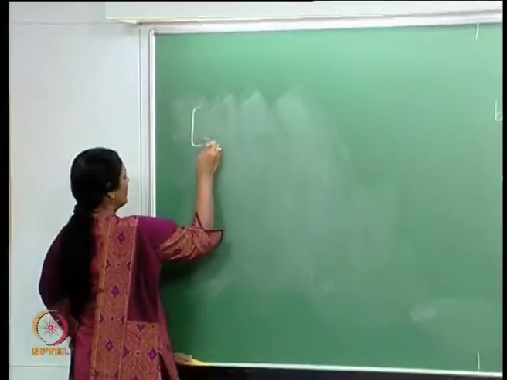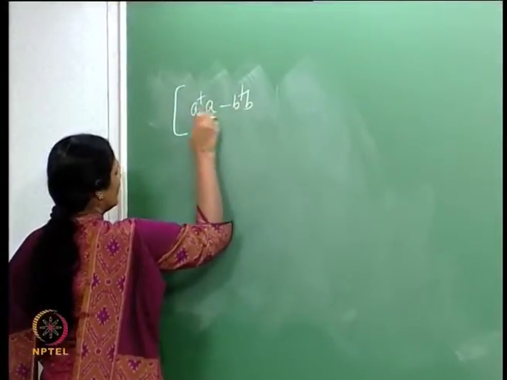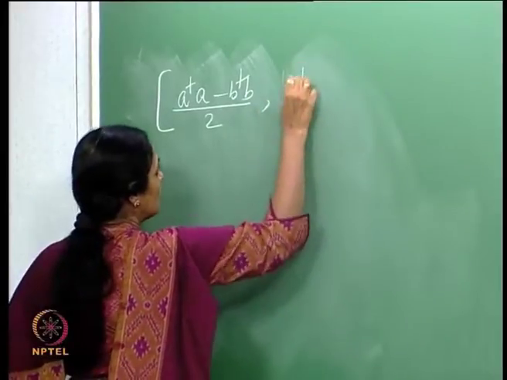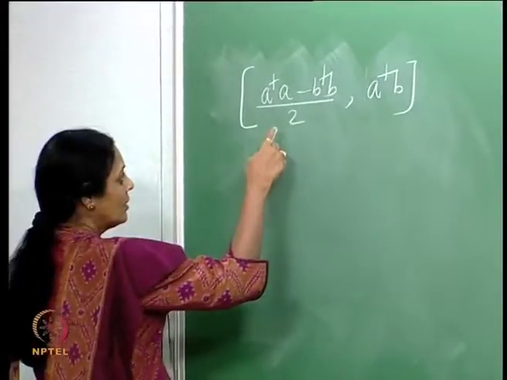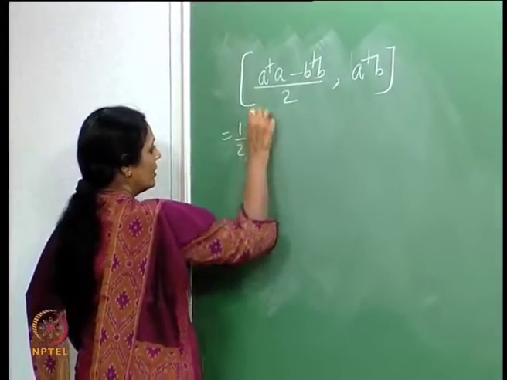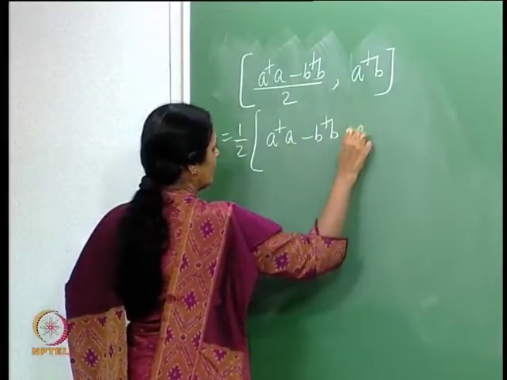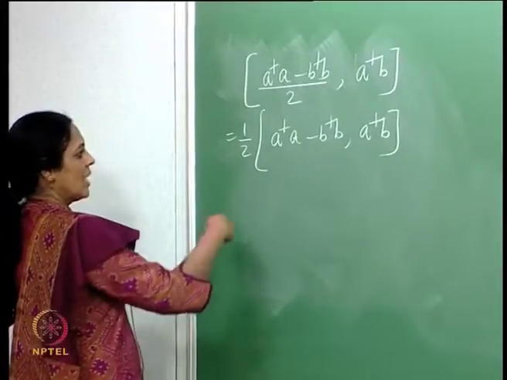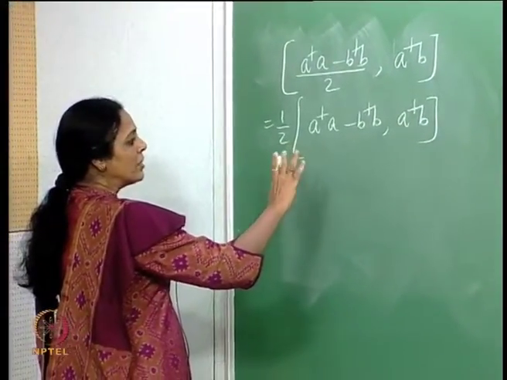So, let me consider the commutator A dagger A minus B dagger B by 2 with A dagger B. I could do this, for instance, by just applying the ABC rule.